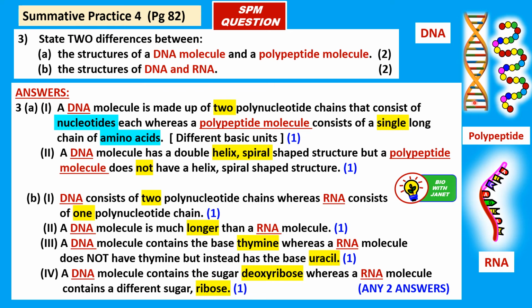That's why the whole molecule is called deoxyribonucleic acid. Whereas an RNA molecule has a different sugar. It has the ribose sugar. That's why it's called ribonucleic acid. So it is easy to remember this difference. If you remember the name of DNA and the name of RNA, you'll be able to state this as one of the differences between DNA and RNA.